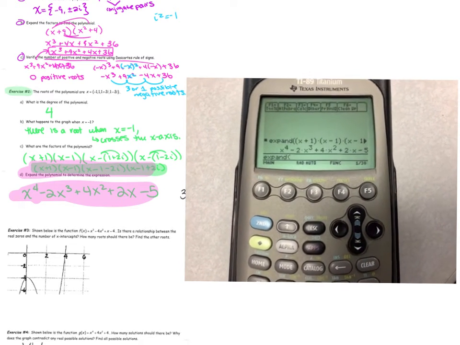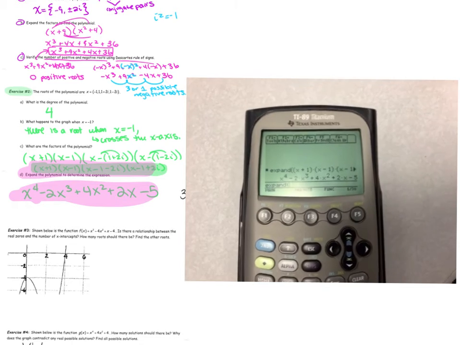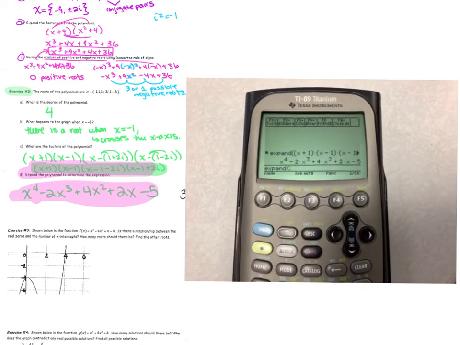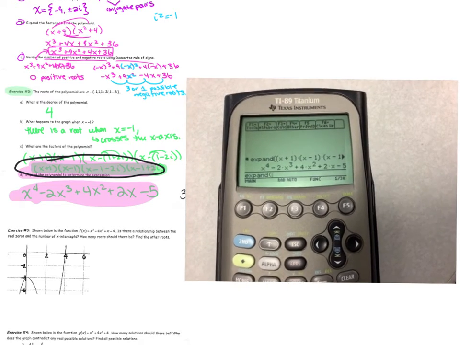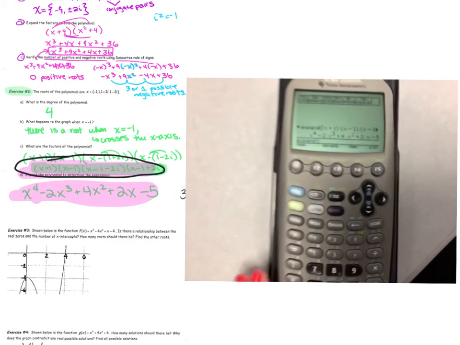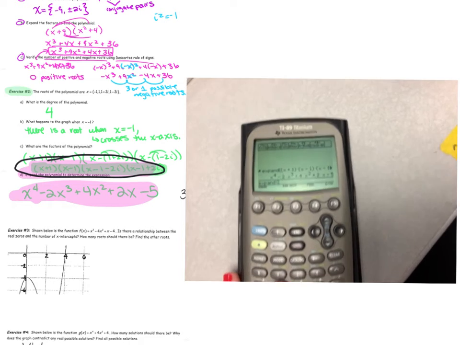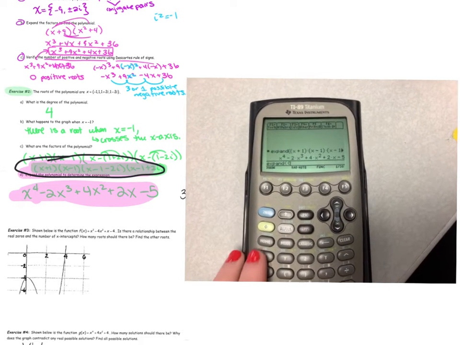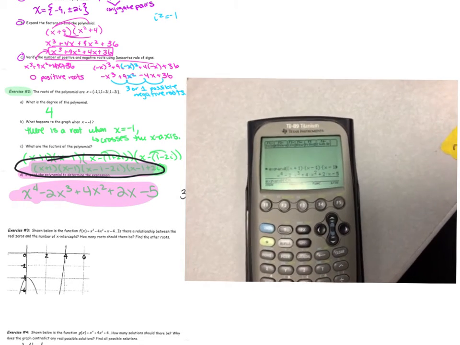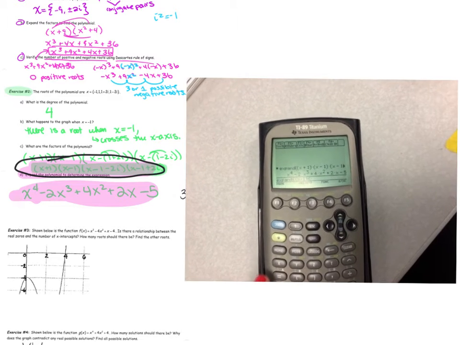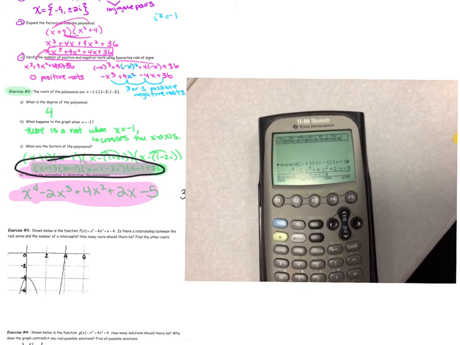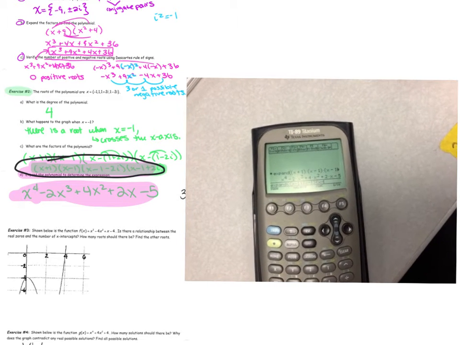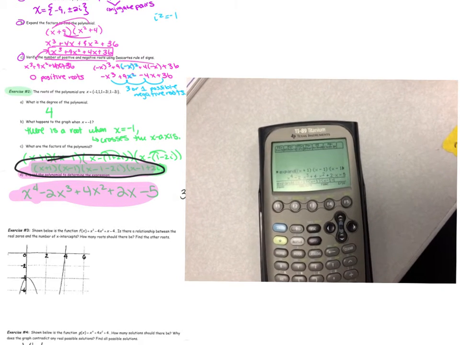F2, scroll down to expand, and now I'm just going to multiply all of these factors here. I just have to raise this up so I can see what I'm doing. Parentheses, x plus 1 times x minus 1 times x minus 1 minus 2i.